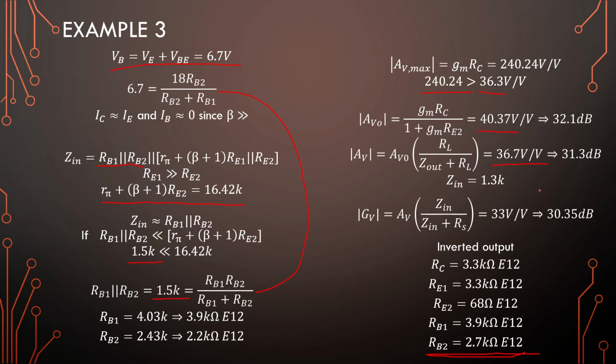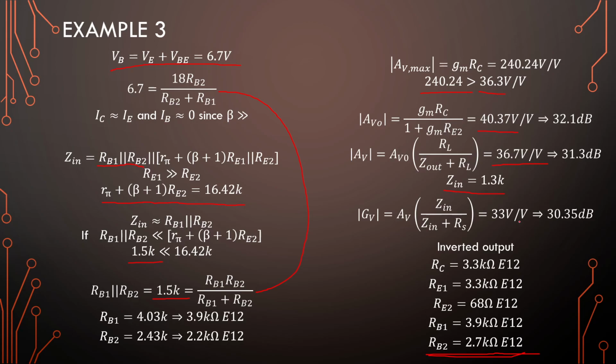Adding loading effects, 36.7. Our input impedance, if we calculate it using this equation right here, is 1.3k. It's close to 1.5. So that is our new input impedance, and that brings our loaded gain or our total gain to 33 volts per volts.